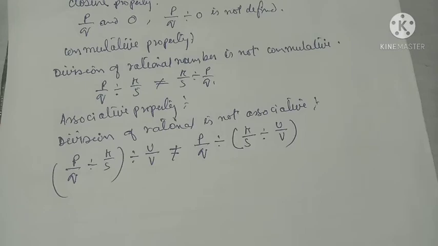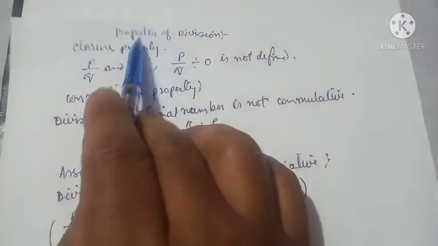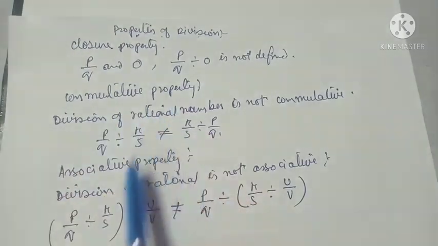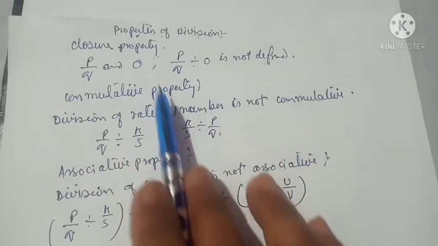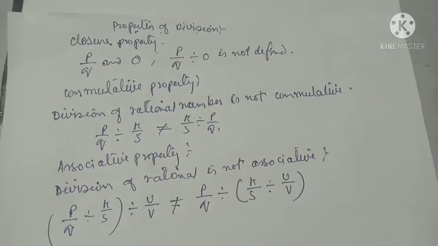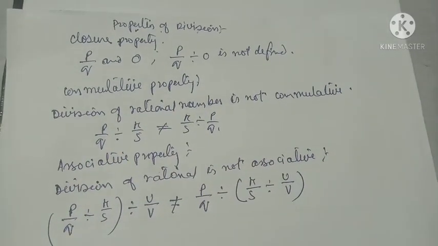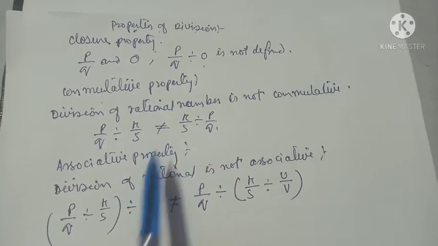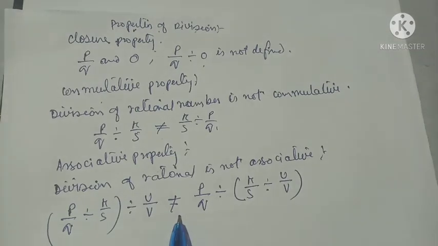You have to remember. So in the properties of division, closure property, commutative property, and associative property, these all properties cannot work under division. Closure is not defined, commutative property also not defined, and associative property also not defined.